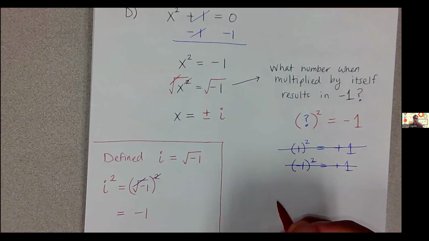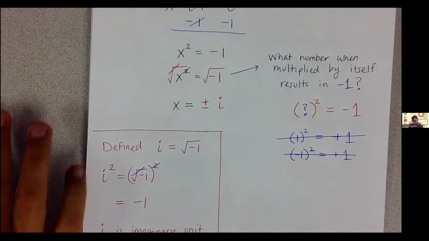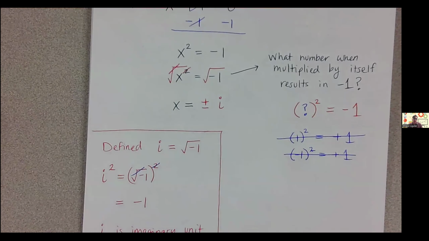What you're going to see as we get into some more complicated quadratic equations is that we have to deal with these radical expressions that end up giving us imaginary numbers. So already we can look forward to some complications here.